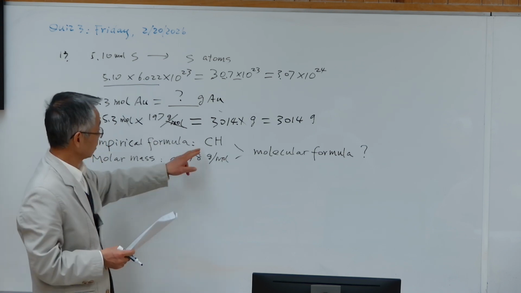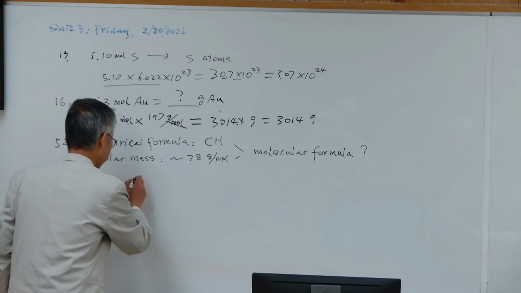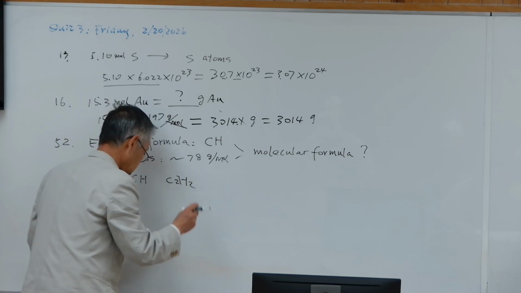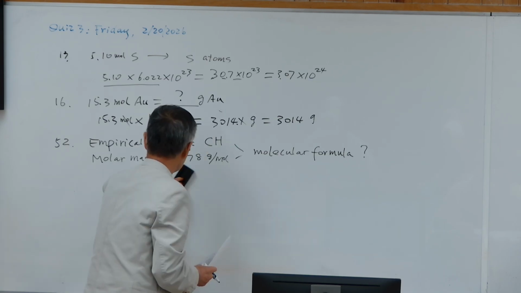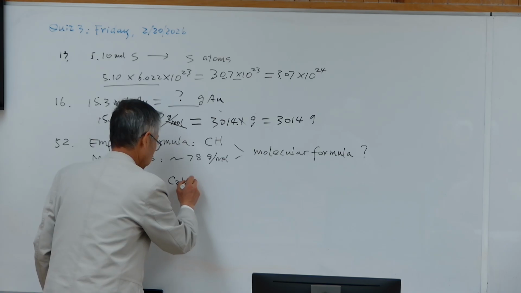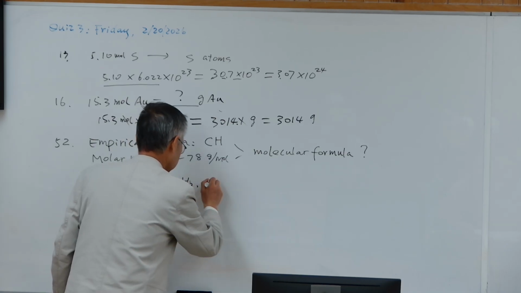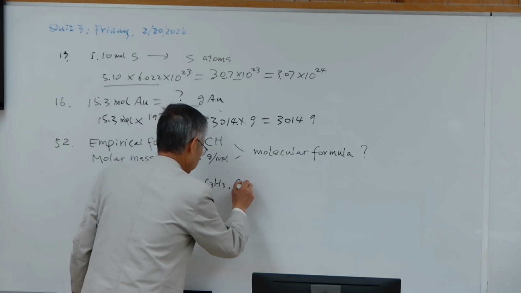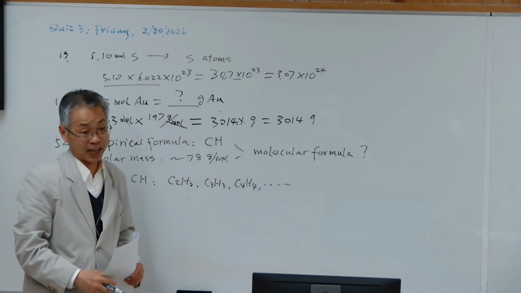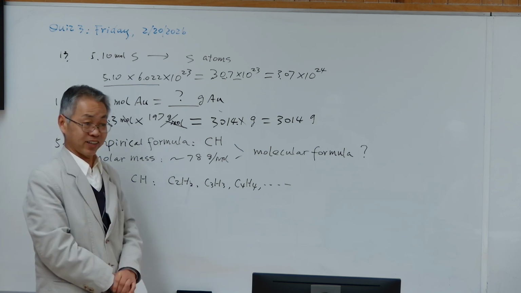So we can imagine the molecular formula will look like this: either CH or C2H2, C3H3, C4H4, C5H5, C6H6. So we need to figure out what the number is.